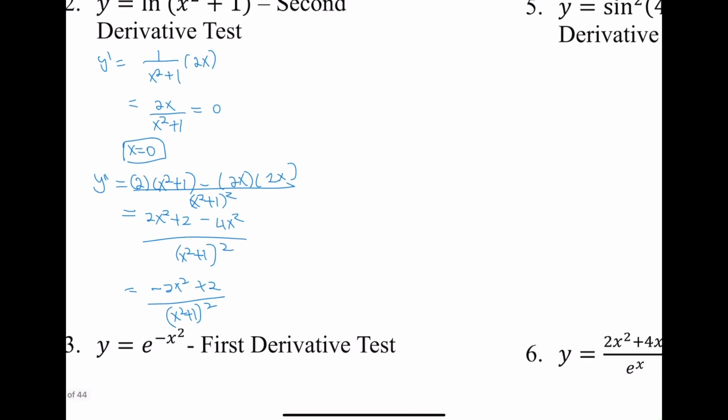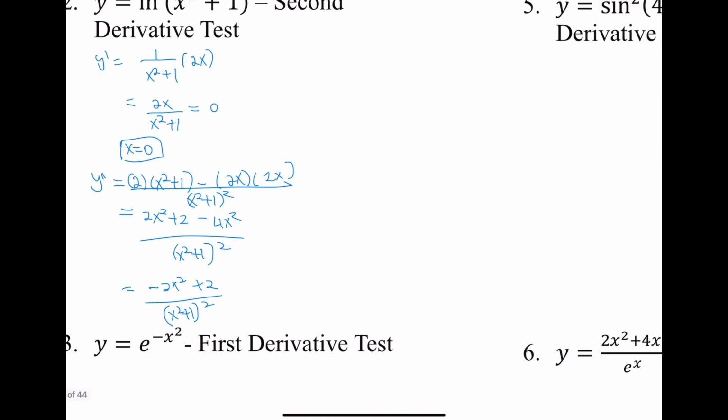So let's see if y double prime is negative or positive at x equals 0. So y double prime of 0 equals 2 all over 1, which means 2.